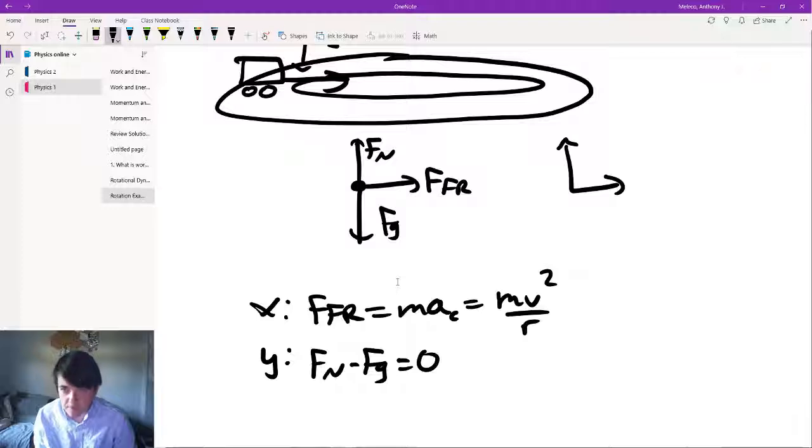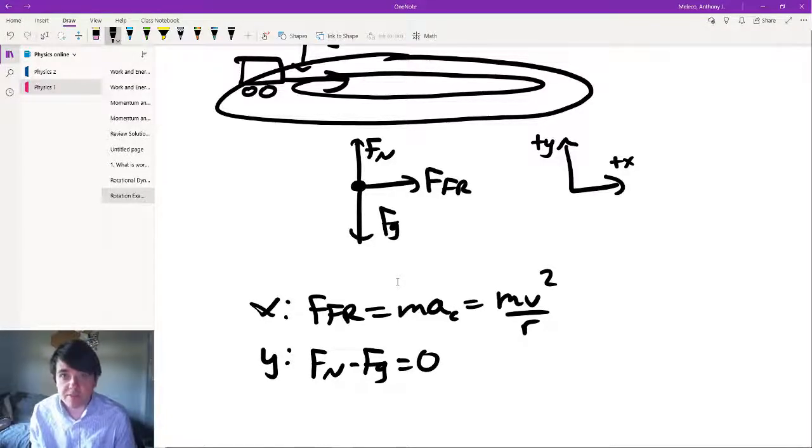By the way, for this type of problem, our coordinate system will just be the standard Cartesian system. Not only are we following the force of friction, but more importantly, since our acceleration, the center-seeking centripetal acceleration, is towards the center of the circle, we want to follow that. I've said it before, but I'll say it again.